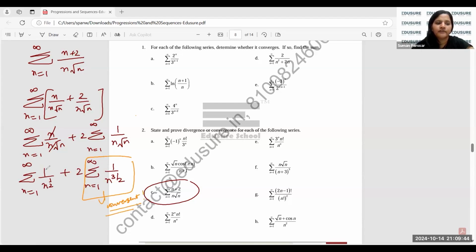And if you look at this wonderful series, this is divergent. Just by looking at the powers. Here the power is greater than 1, convergent. Here the power is less than 1, divergent. So this series diverges. Okay. Here is a convergent series. Here is a divergent series. So here we've dealt with the sum of two series. Okay.